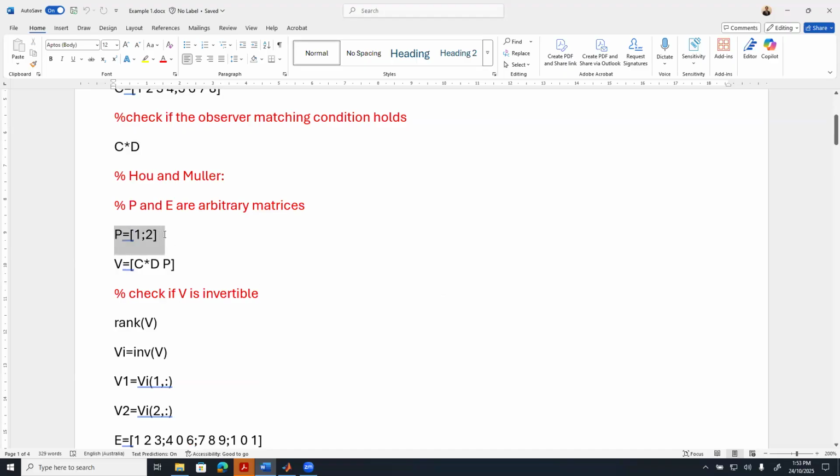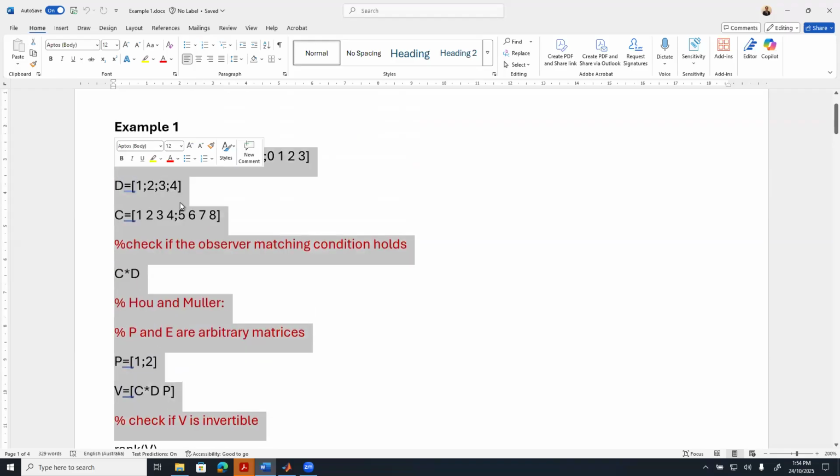We arbitrarily select matrix P because according to Hou and Muller, as long as matrix V is invertible, that's how we can pick matrix P. So here we just pick it arbitrarily to be 1 and 2, and then we check to see if it's invertible. So let's cut and paste this into MATLAB.